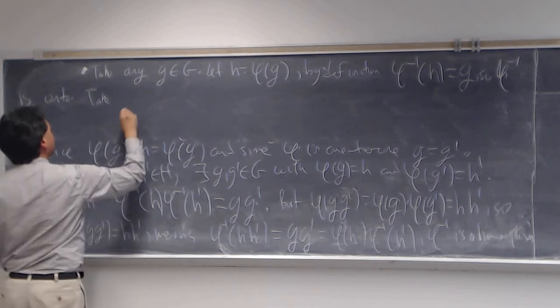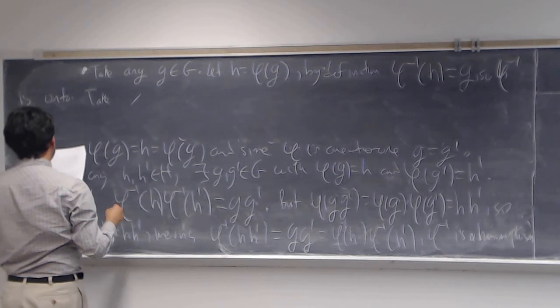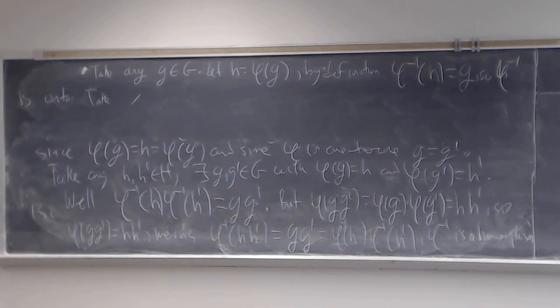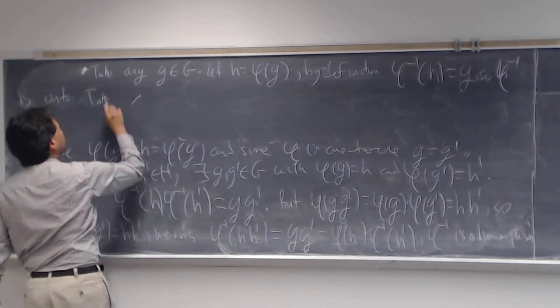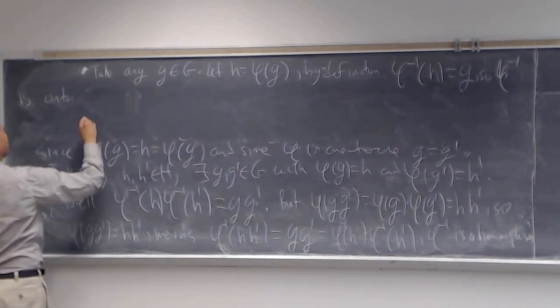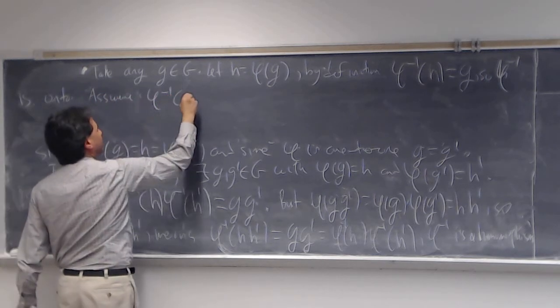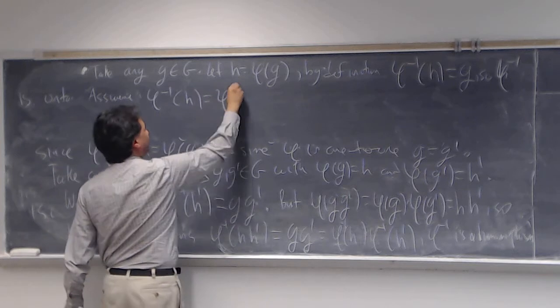Let's see. Show that it's 1 to 1. So let's assume that phi inverse of h is equal to phi inverse of h prime.